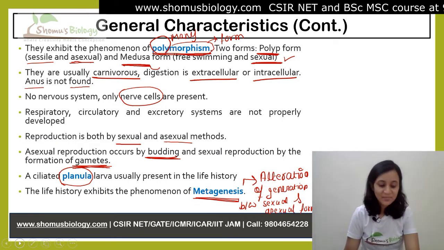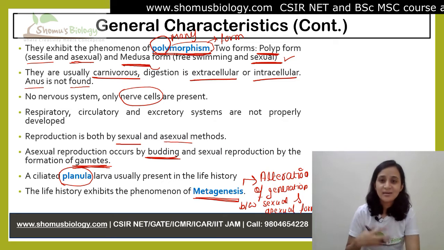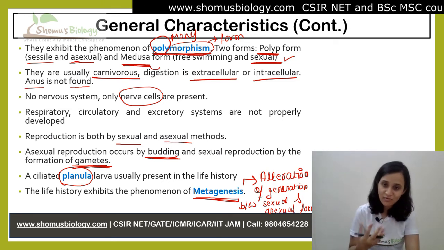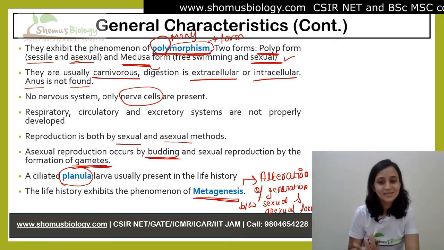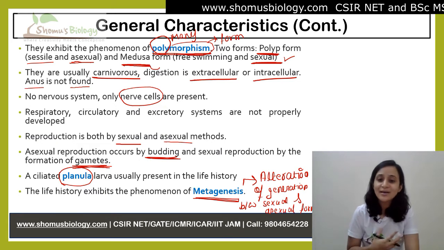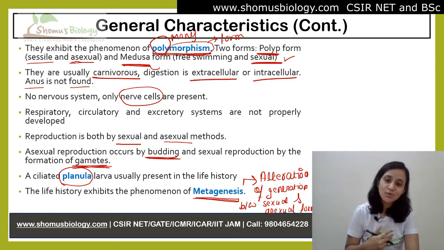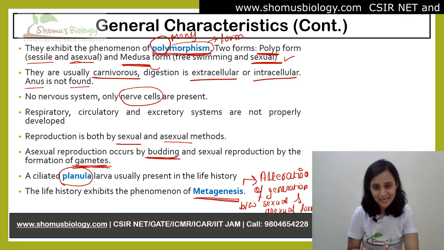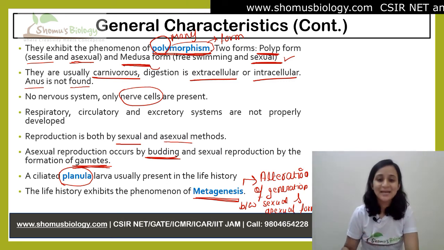It is called metagenesis because we can find both sexual and asexual forms in Cnidaria, and there is an alteration of generation, because the sexual form will yield the asexual form and the asexual form will yield the sexual form. This is called metagenesis.